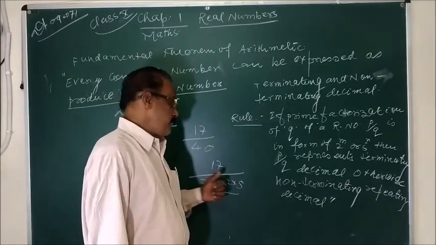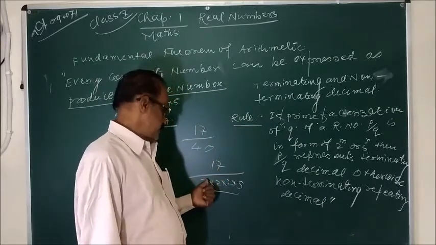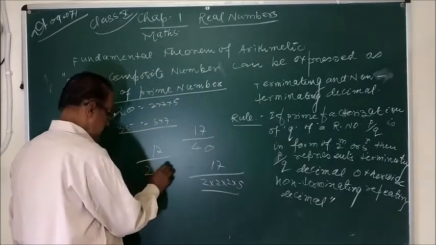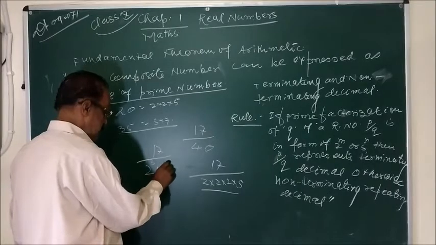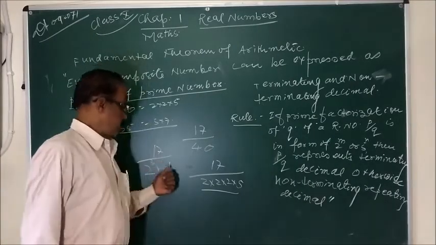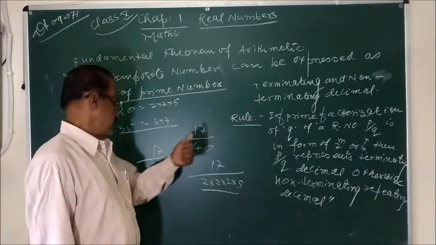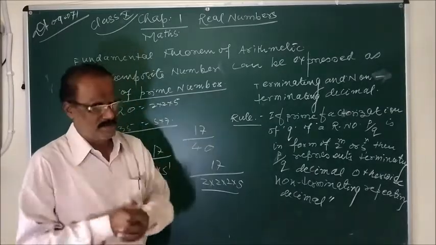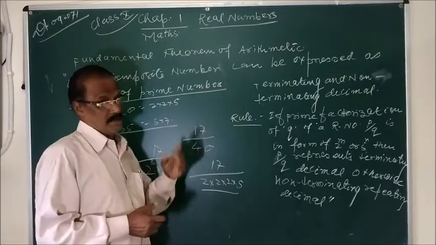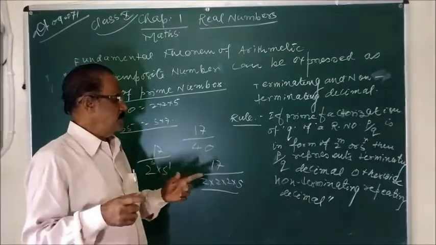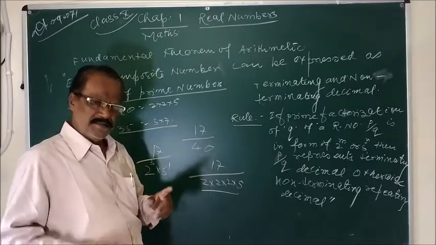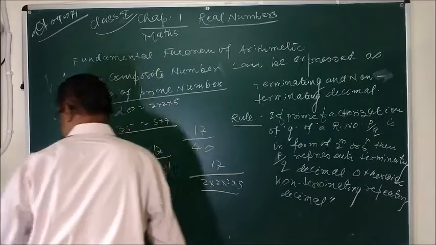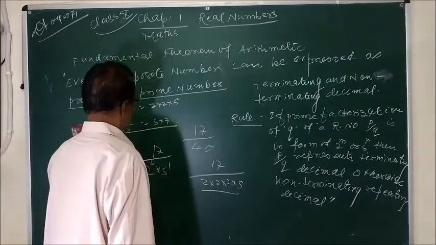We see the prime factorization is in the form 2 power n. You can write it in the form 2 cube and 5 power 1. So we observe the rule is applicable here, the rule is satisfied here, and therefore this will be terminating. And if you divide 17 by 40, that will be 100% terminating. So this is the rule, and with that rule you will try to solve 1.3.